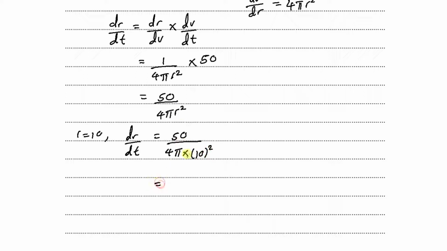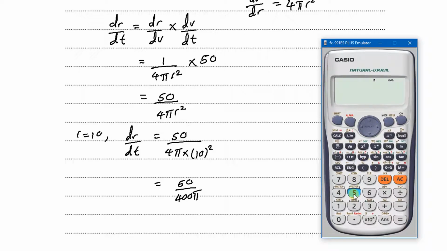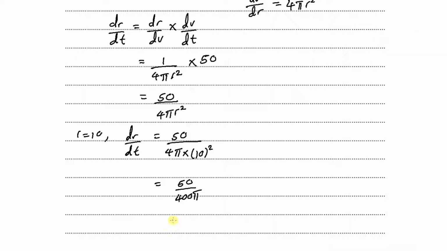That's the same as 50 over 4 times 10 squared, which is 100. That'll be 400 pi. And we can just type this in. So that's 50 over 400 pi. And this gives us 0.0398 to 3 SF. And that's centimeters per second. And that's the answer for us right here.